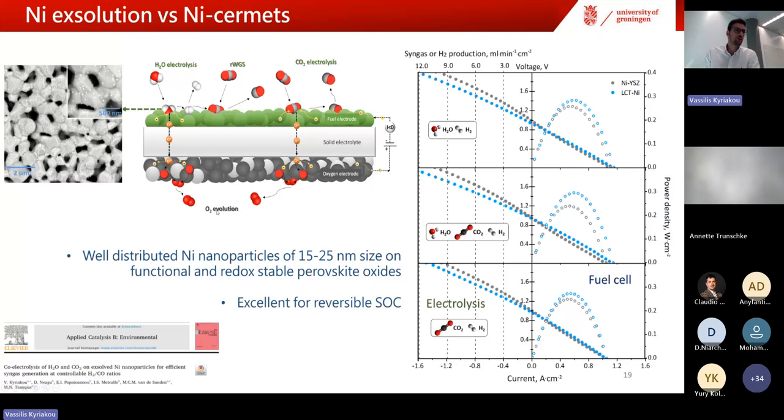So spontaneously, the oxygen ions that are created on the cathode go to the anode, and they find your hydrogen, and they oxidize it, producing power at the same time due to this spontaneity. On the left-hand side, if you go to electrolysis potentials, practically you have to pump the oxygen from the water and the CO2 to the air side, which is, of course, energy consuming, and therefore you have electrolysis. In this case, you're producing syngas, but you're consuming electricity.